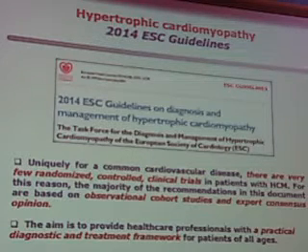For a number of reasons, unfortunately, we have not. So, mostly, these guidelines are based on observational cohort studies and expert consensus opinion. We had not so many well-organized, randomized clinical trials to base our recommendations.